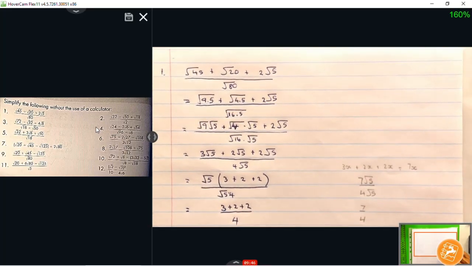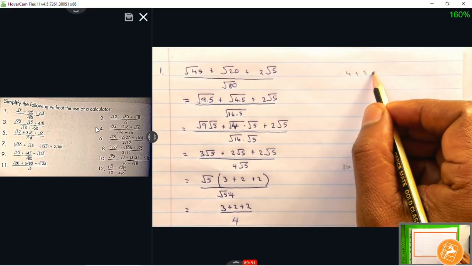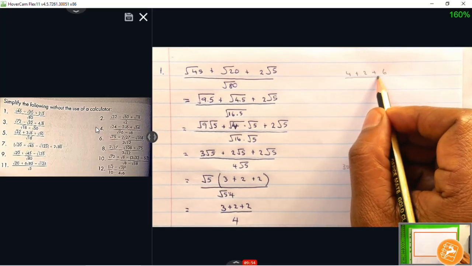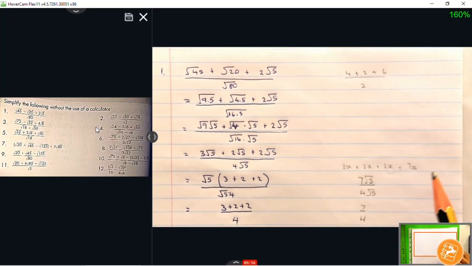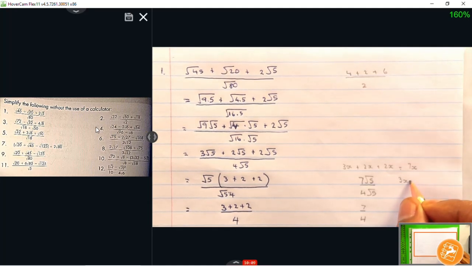Then let me also remind you of something that we did in earlier grades. If we have 4 plus 2 plus, let's say, 6, and all of them are divided by 2, even here, if all of these are divided by x, what could you do? Let me write them first. 3x plus 2x plus 2x divided by x.